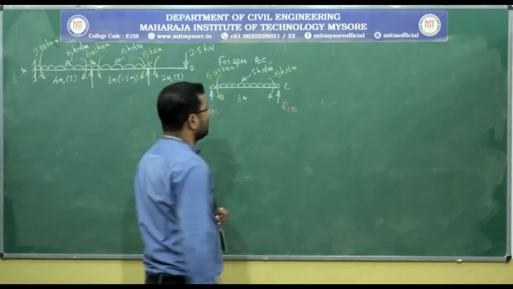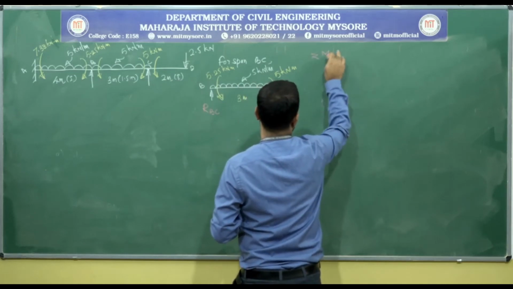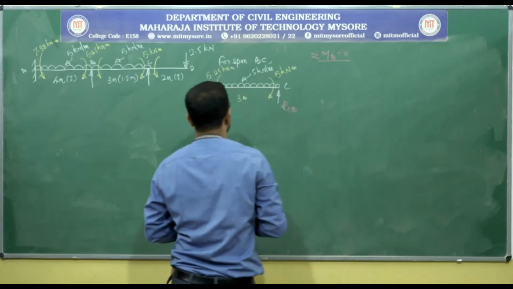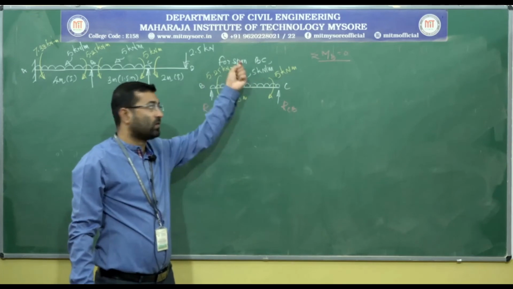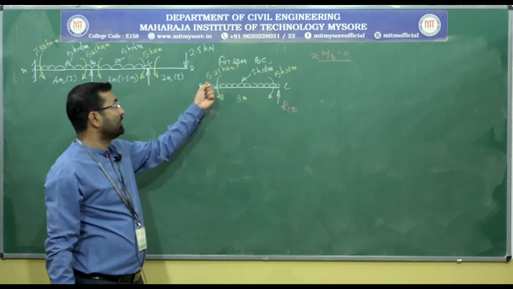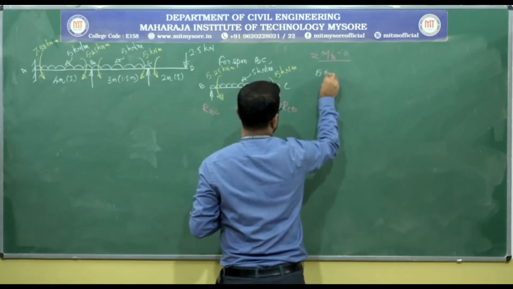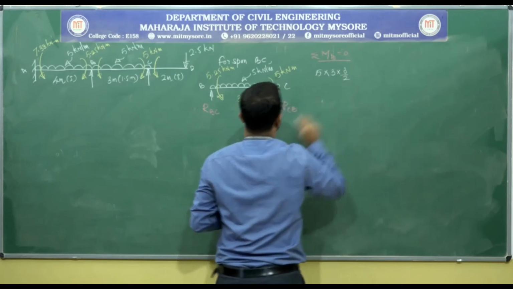For that, let me impose the moment condition. If I impose moment condition about B and equate it to 0, then this UDL creates a clockwise moment at the point B.